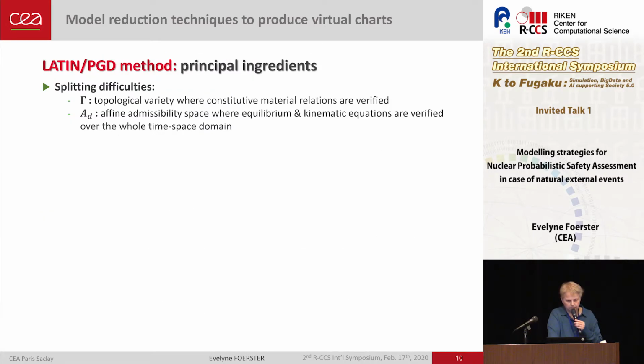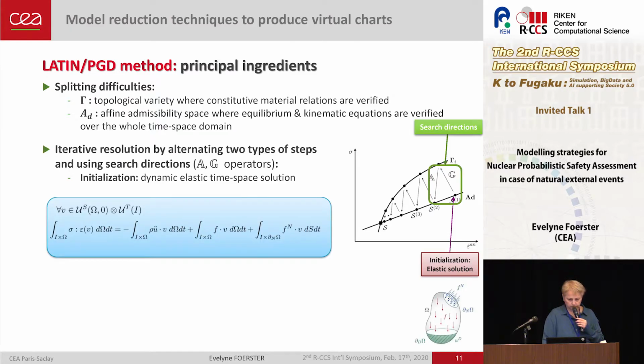So the ingredient of this method is to split difficulties. We split in two different spaces. One space is related to the behavior, constitutive modeling of things we want to model, and the other is a sort of an admissibility space where we have to verify the state equations like kinematic or equilibrium equations over the whole time space.